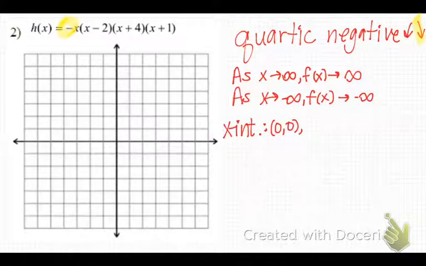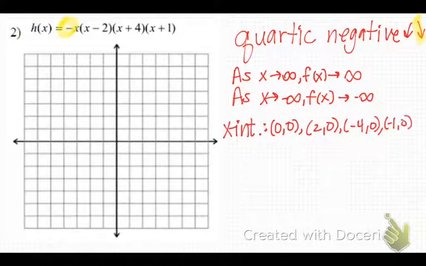Can I hear from someone I haven't heard from today? What's the next one? Thank you. Someone else. What'd you say? Good. Negative 4, 0. And my last one. Perfect. And what about my y-intercept? It is 0, 0. Does this mean I have multiplicity 2? No, it just means that they happen to be the same point. Okay.